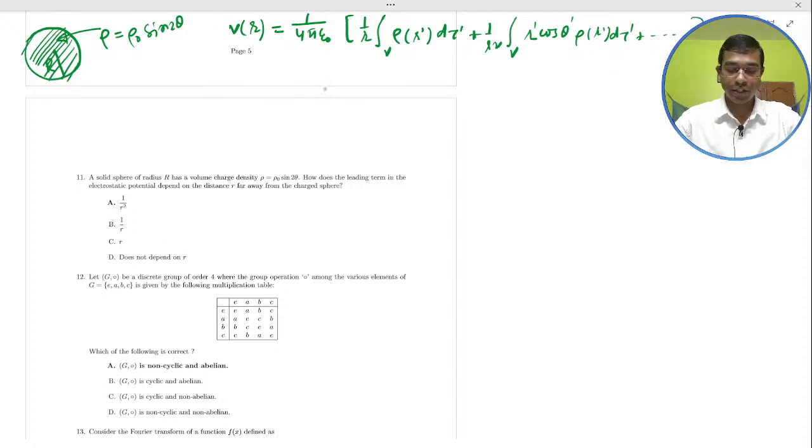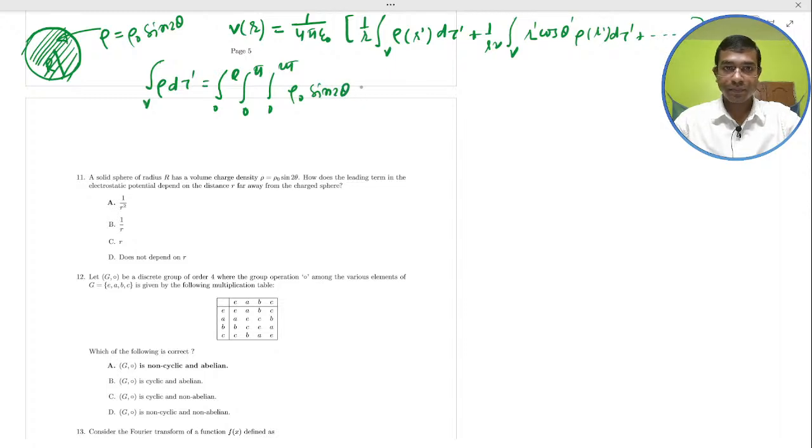Okay, this is the multipole expansion form. So the integral over V rho d tau dash will become r limit 0 to r, theta limit 0 to pi, phi limit 0 to twice pi in 3D. This is rho naught sine 2 theta dash into r square sine theta dash dr dash d theta dash d phi dash.